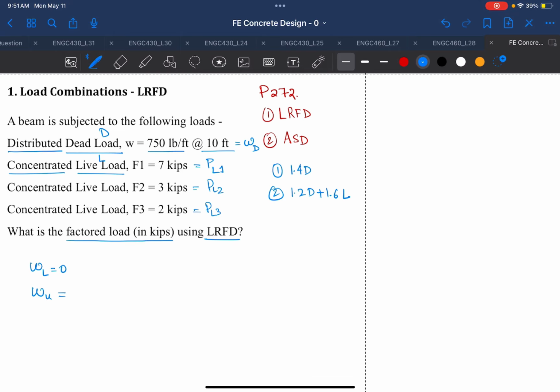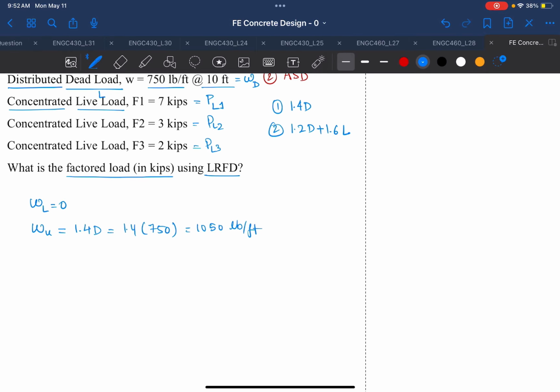If WL is equal to 0, then we have either 1.4D or 1.2D, but we know that 1.4 is greater than 1.2, so we are going with 1.4D. In this case it will be 1.4 times 750, and that will give you 1050 pounds per foot. So that is your factored distributed load.